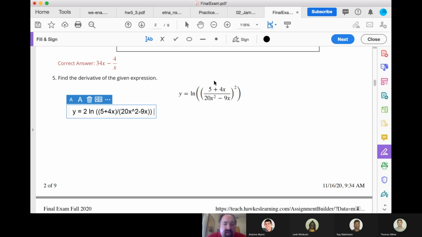Okay. But then we can go further, because now that the 2's out of the way, we have a log of a quotient. The log of a quotient is the difference of the logs. So log of numerator minus log of denominator.